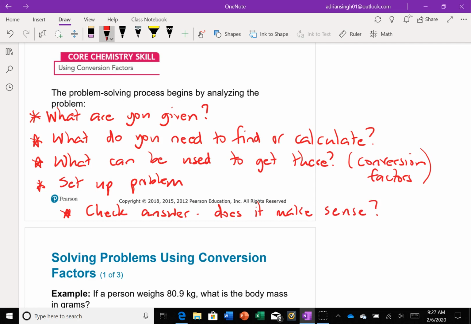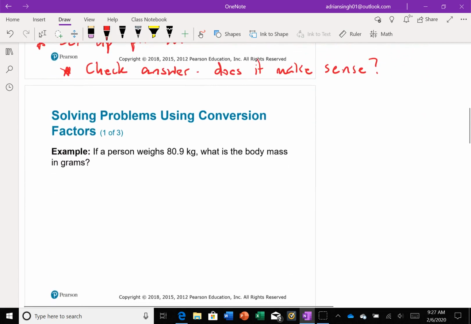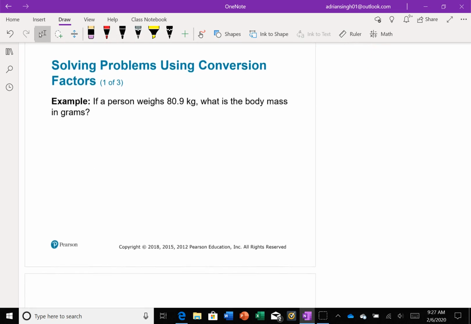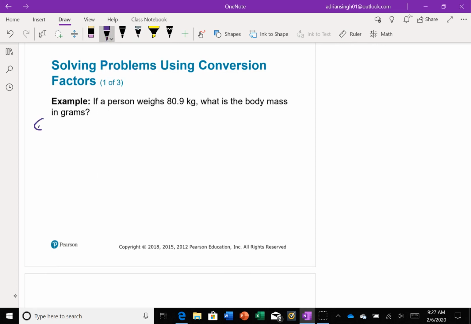So let's take a look at a couple examples of how we approach problem solving using dimensional analysis or these conversion factors. So we're told here a person weighs 80.9 kilograms and we need the body mass in grams. All right, so what are we given in this case?